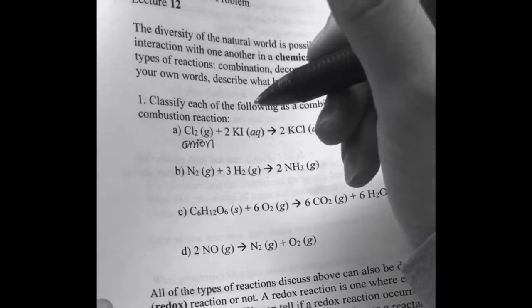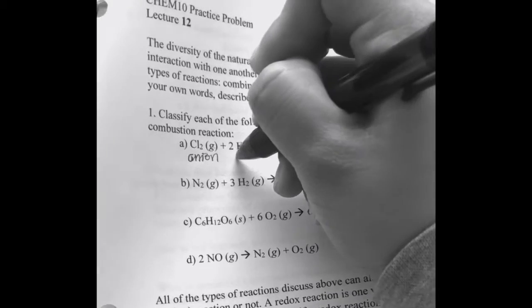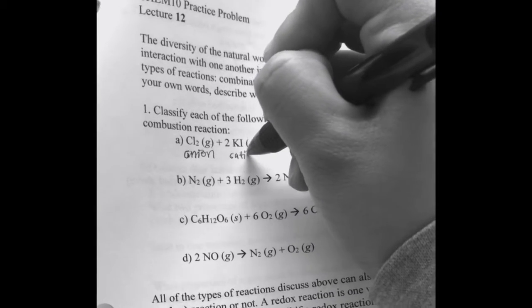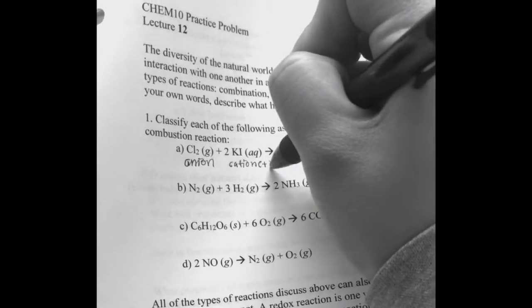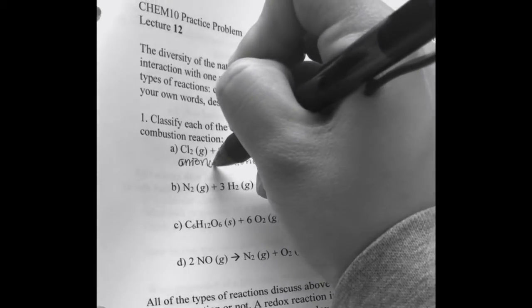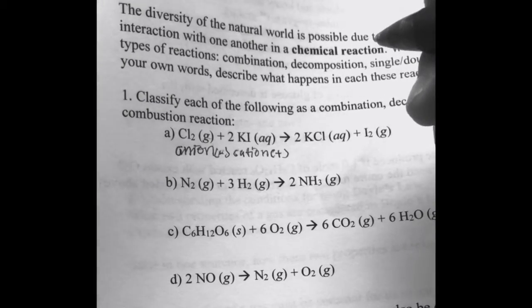and for potassium, we already know that it's our cation, because the cation has a plus and an anion has a minus, right?